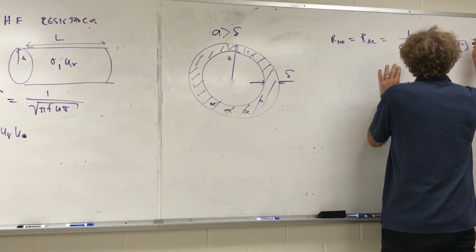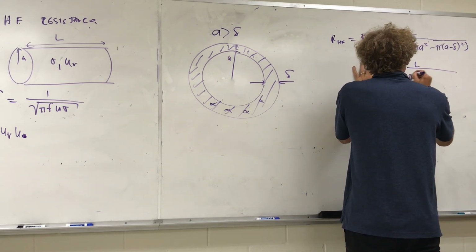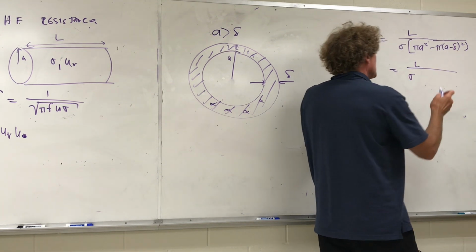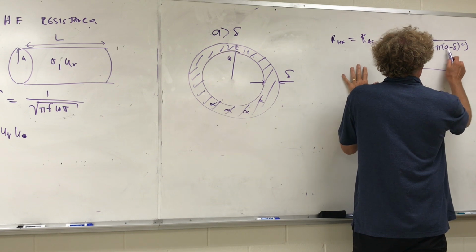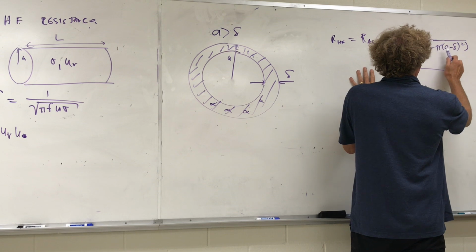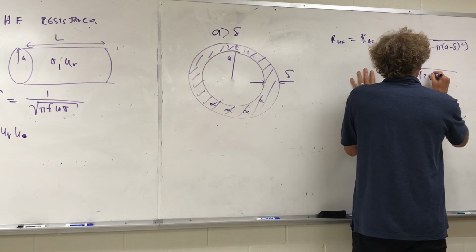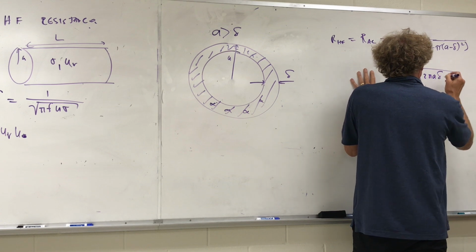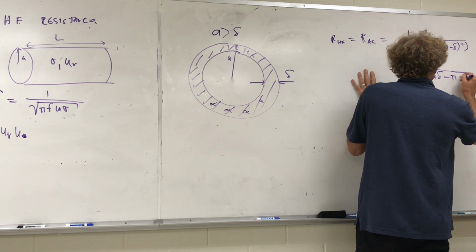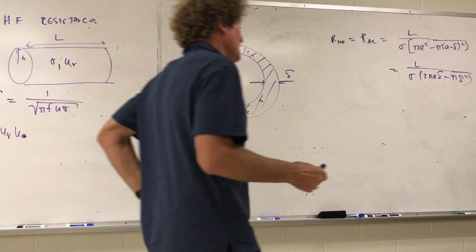Now this is an exact formula. So if you break this down, you get L over sigma. And then if you look at this, the pi A squared gets kicked out. If you go ahead and square this, you get pi times A squared, right? Well, there's a pi A squared there. It's gone. Then you have minus pi A times skin depth twice. So you get 2 pi A skin depth here. And then you're going to have minus pi times the skin depth squared. Now that's exact. And that would be in ohms.